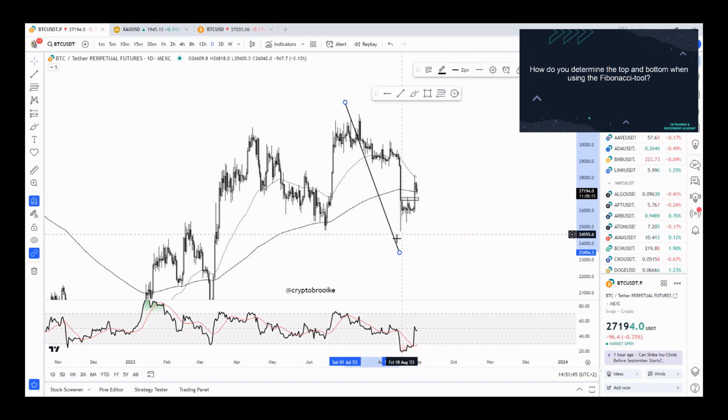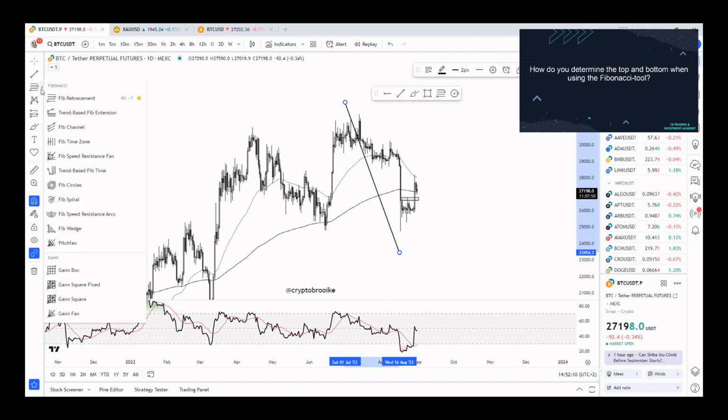So for now the bottom is in, so if the bottom is in, price will move back up, and then you can use Fibonacci to give you some idea of where it might extend to.